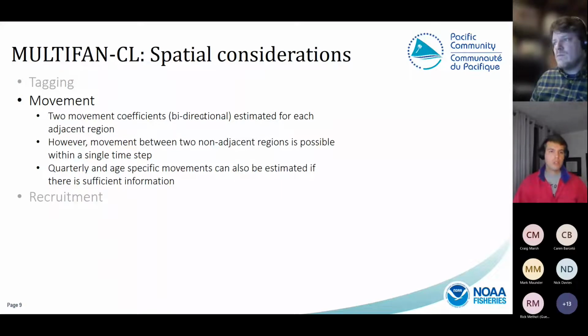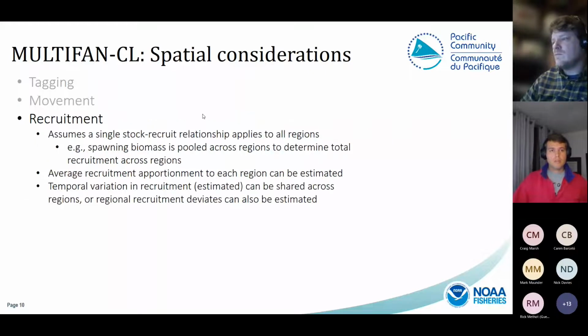So this parameterization actually cuts down on the number of parameters that need to be estimated, since you don't have to estimate every single pair of regions. You can also specify quarterly and age-specific movements, and these can be estimated within the model if there is sufficient information in the data to do so.